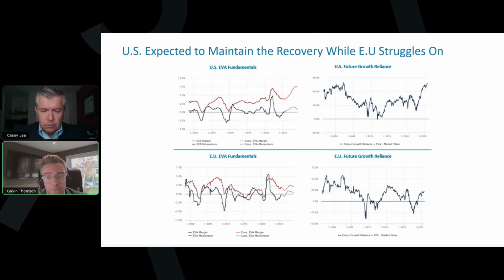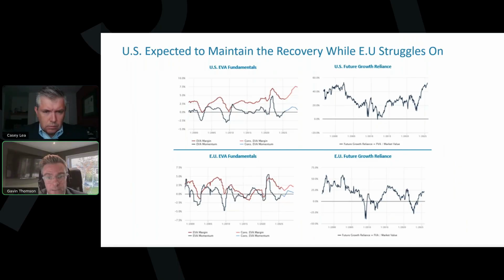With the caveat that when growth is scarce, we have often seen investors willing to pay a higher and higher premium for that growth. So again, everything's linked to that growth picture for the US, but the key takeaway is that it's priced for the perfect growth story to come through.